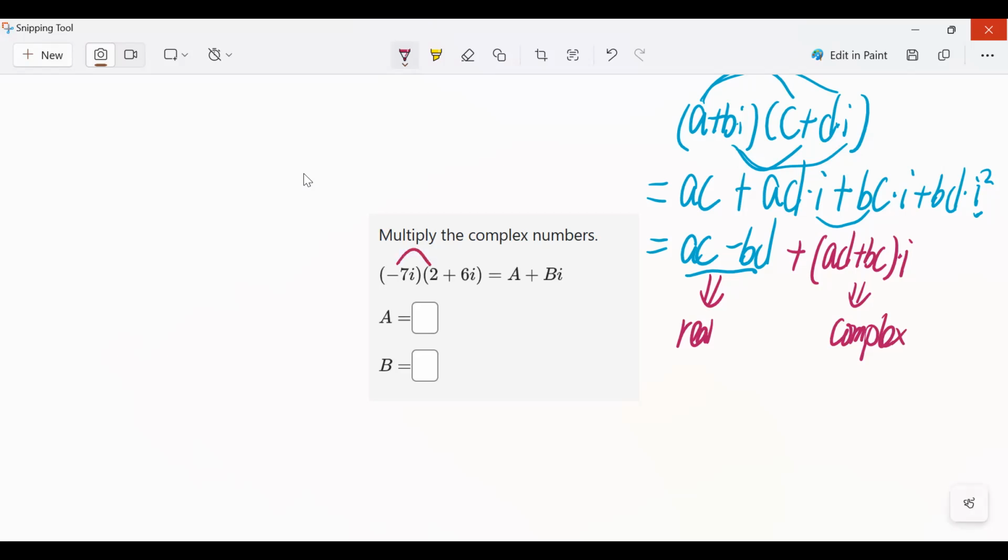And here we have an easier version. So -7i times 2 is -14i. And then the other one is -7i times -6i. 6 times 7 is 42, and i squared. i times i is i squared. And we know i squared is -1. Yeah, it's -14i minus 42 times -1.